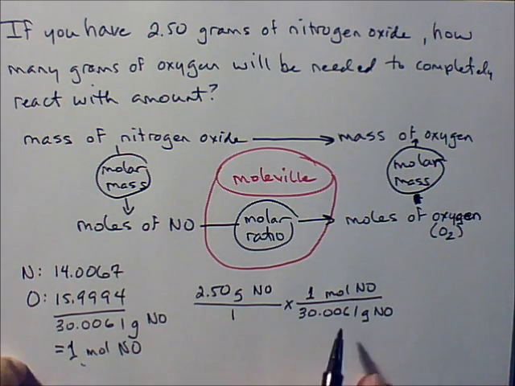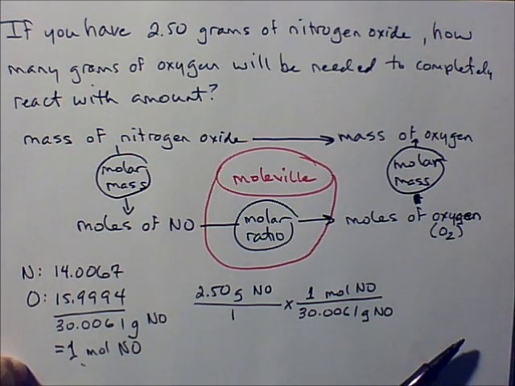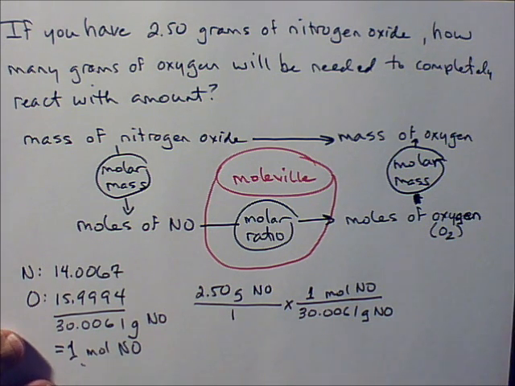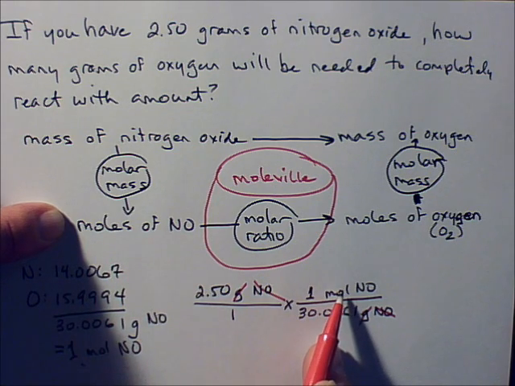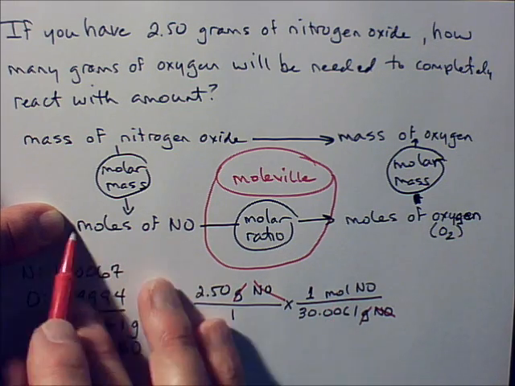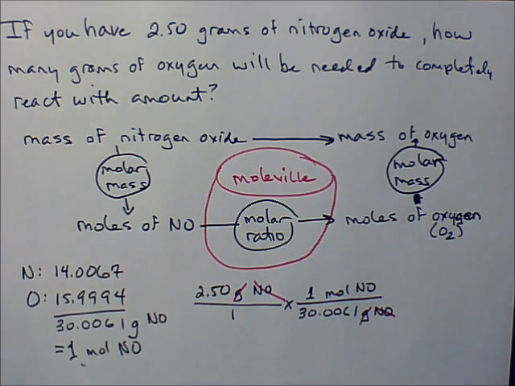That allows us to cancel units and species and leave ourselves with what we're looking for, at least at this stage. So grams go away, NO goes away, and we're successfully at moles. Once we do the math anyway, we're at the outskirts of Moleville here.